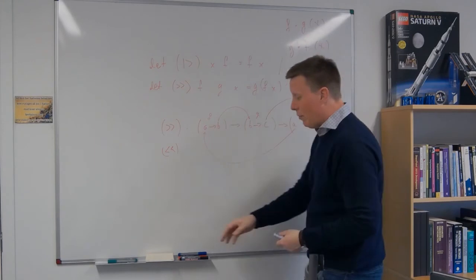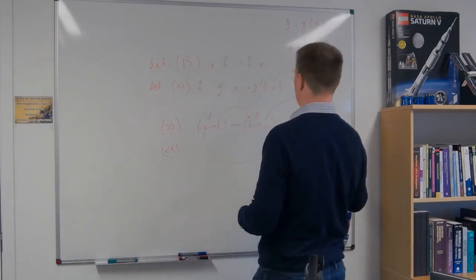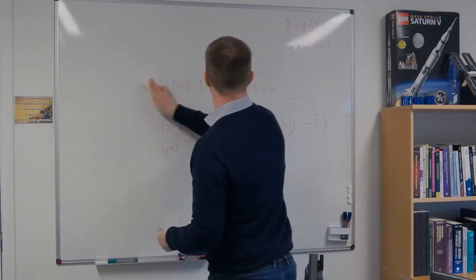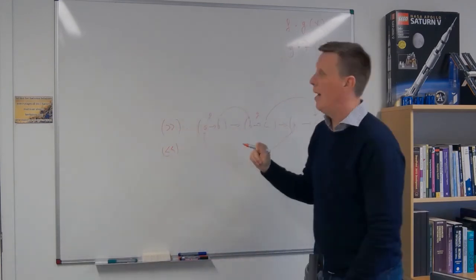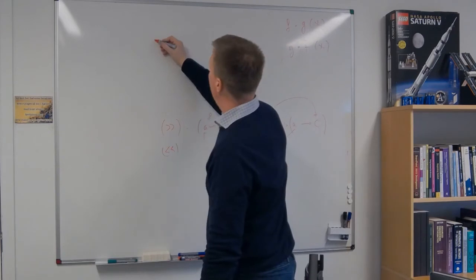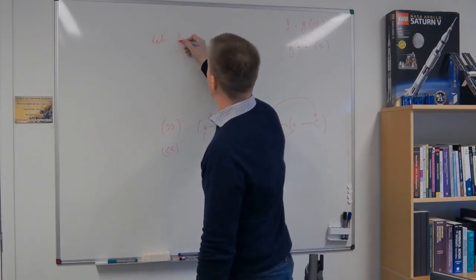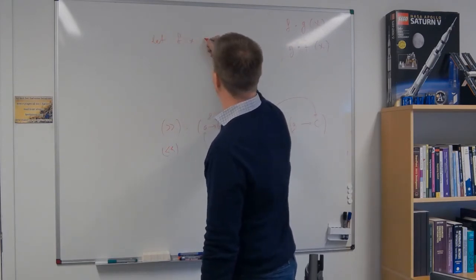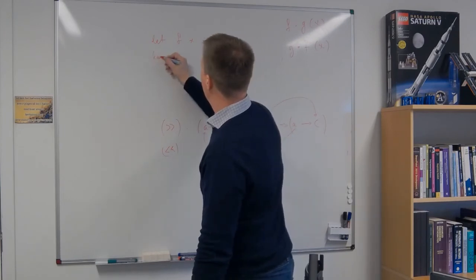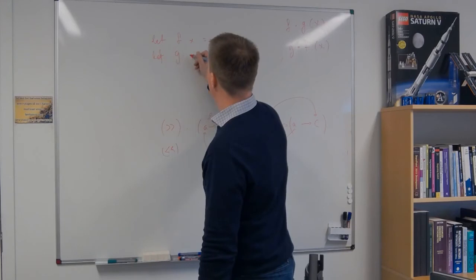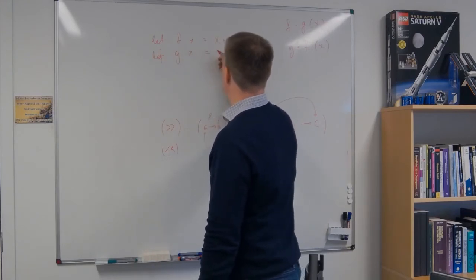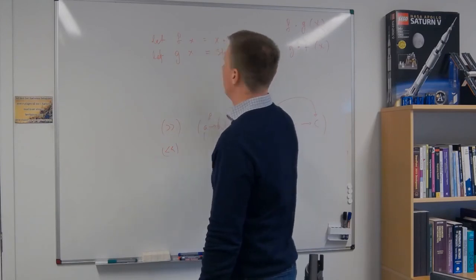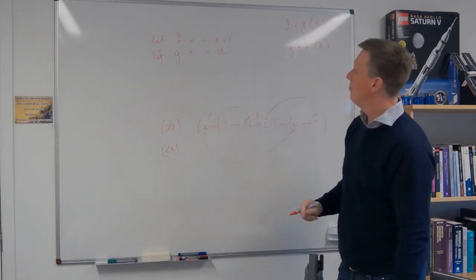All right, so how do we use this thing? Well, suppose now that I have two functions. I have an f, we can say let f of x equals x plus 1, and let g of x equals string.